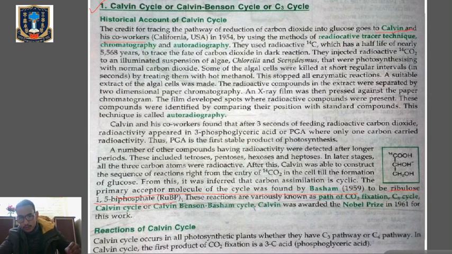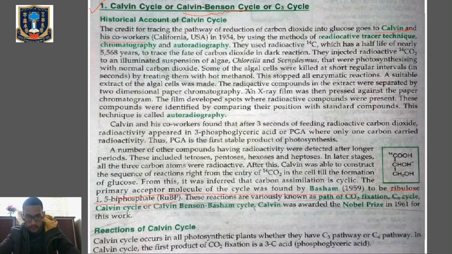Since it was discovered by Bassham, it's also known as the Calvin-Benson-Bassham cycle. These reactions are also known as the path of carbon dioxide fixation, C3 cycle, or Calvin cycle. For this cycle, Calvin was awarded the Nobel Prize in the year 1961.